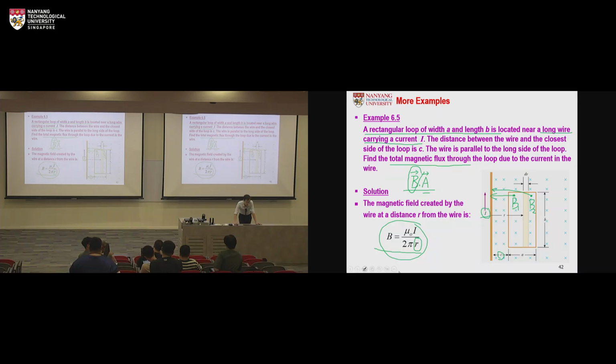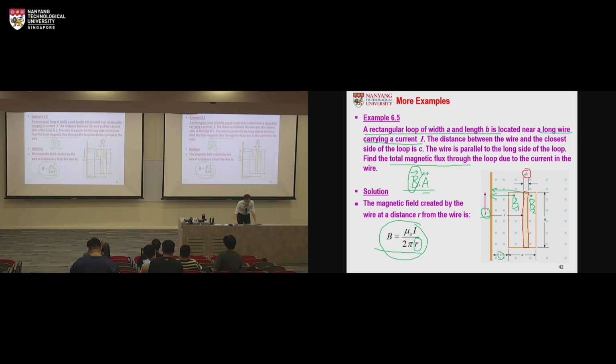Instead, even if the entire one is not uniform, we can construct a tiny section, as long as we make the width of this section dr infinitely small.